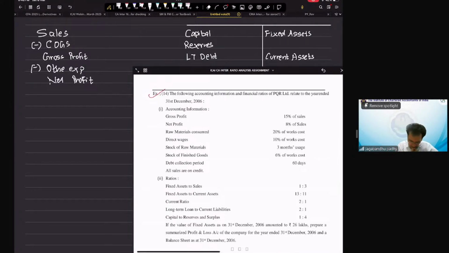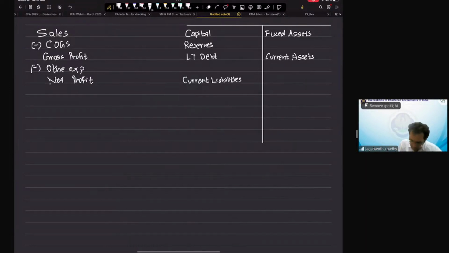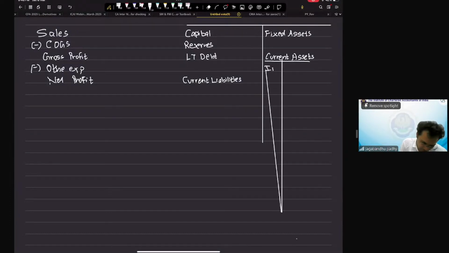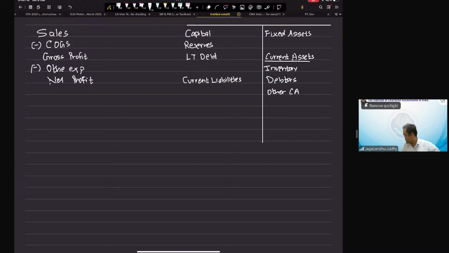And then we have in that debt collection period, stock is also there. I need to specify that part in current assets. Current assets will have inventory, debtors, and then finally other current assets.